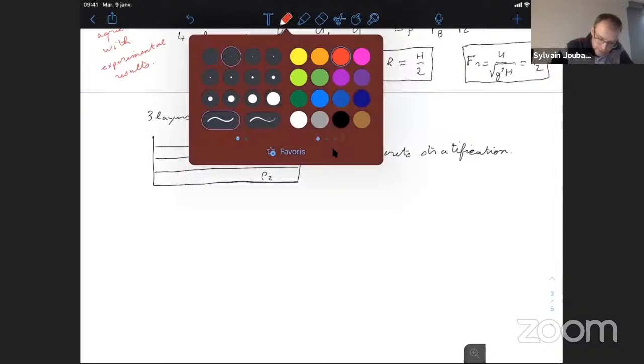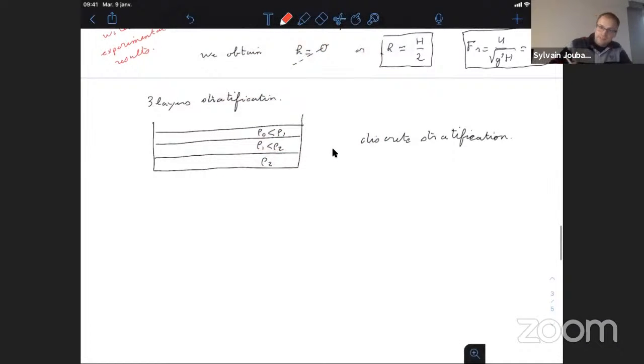And this is something I want to explain to you: how we do that in the lab in a controlled way. Formation of a stable stratification. So the last one.